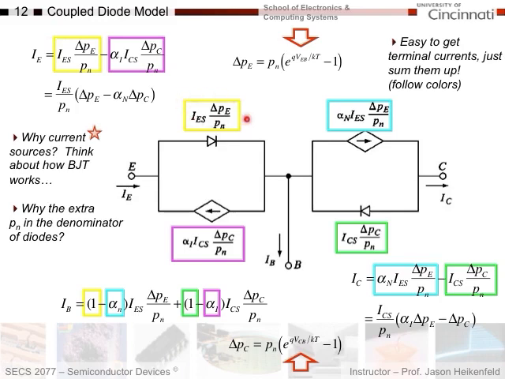And then I could also have the emitter doing collecting, right? I said I could run the BJT in this direction where the emitter does the collecting, and that is this term here. So this was the portion of the inverted mode emitter current that accounts for running the BJT in reverse bias.